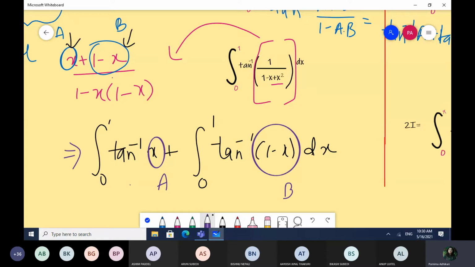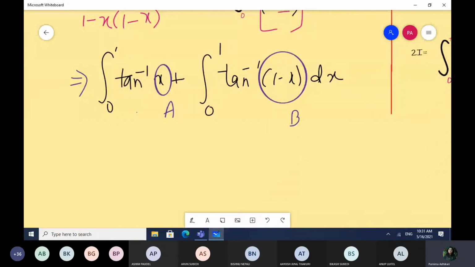Now what next? We can make the second one as tan inverse of x, isn't it? Don't you think so? Exactly. So let's make it that way.